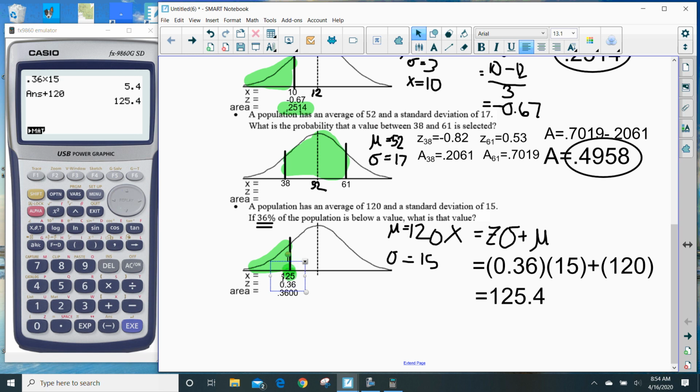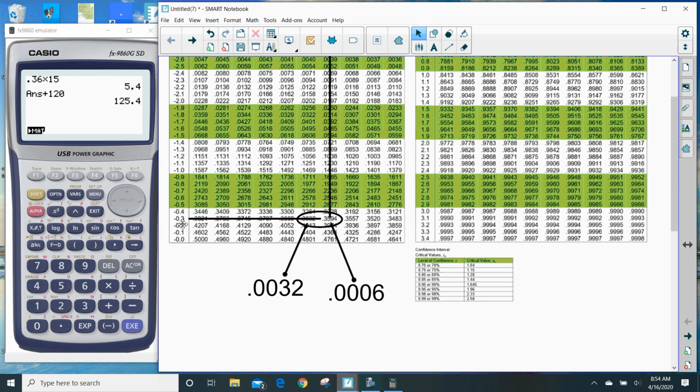Wait a minute. Haha. I know that I did it wrong. You know what my big mistake is? How can 125, which is obviously over here, be bigger than the average? I'm assuming that my z-score was actually a negative. Let's take a look. Haha, negative 0.36. That makes a lot more sense.